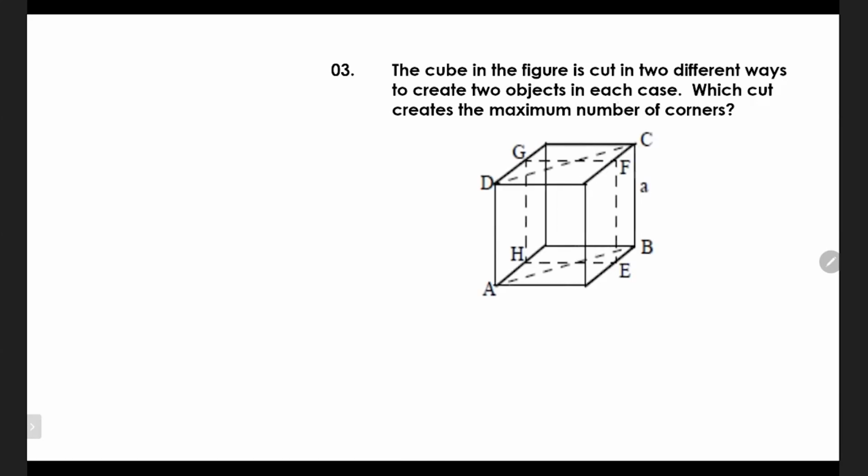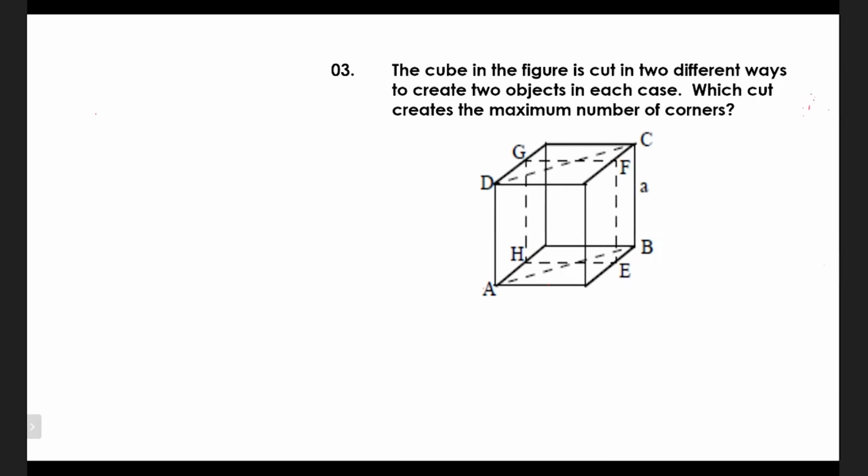Which cut creates the maximum number of corners? If you look at this, one is cut this way, parallel to the front face, and the other diagonal. Two types of cuts are shown here. So he's asking us which creates the maximum number of corners.